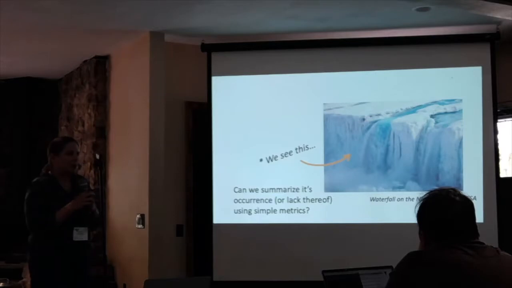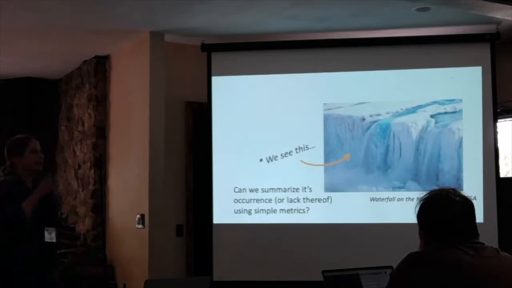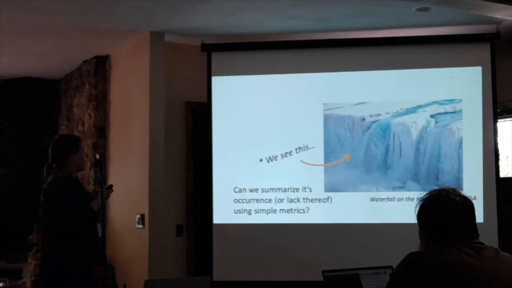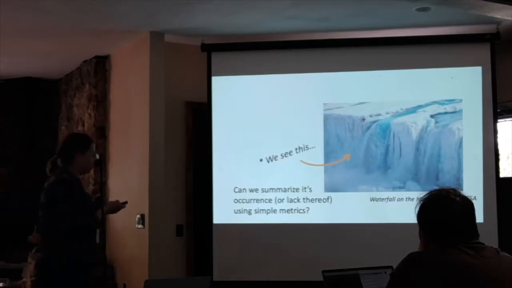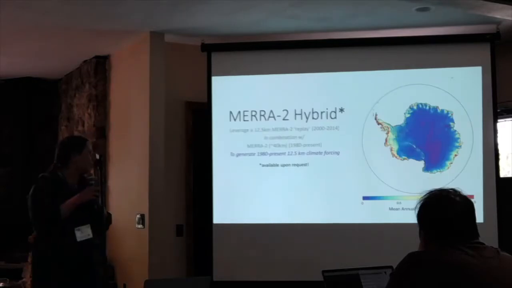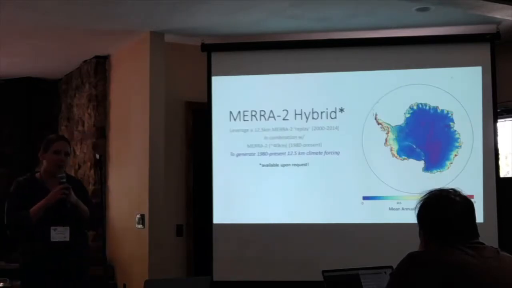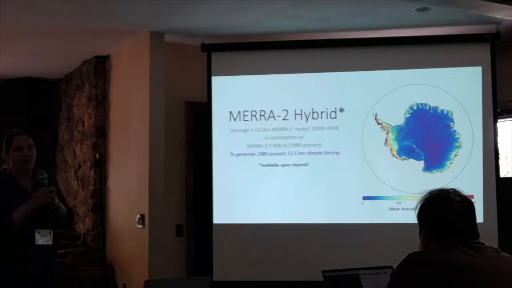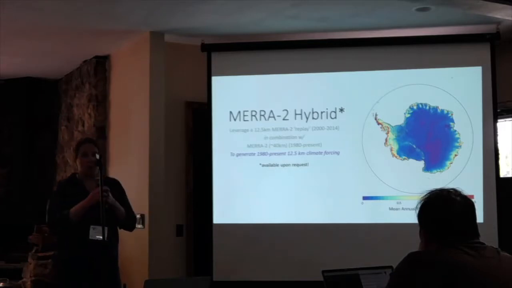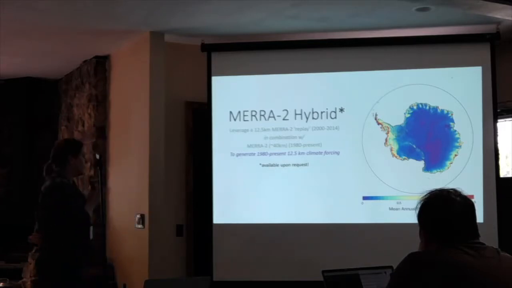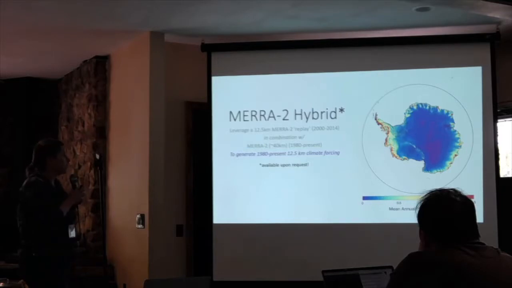So can we summarize these processes in a simple metric? This is nothing new, this is done already, but I'm showing off some new toys that I have. The first one is what I call the MERRA-2 hybrid. Thanks to Michelle for actually bringing up MERRA-2. It's a global reanalysis product. We actually have a 12.5 kilometer MERRA-2 replay that was only run for 15 years, 2000 to 2014.